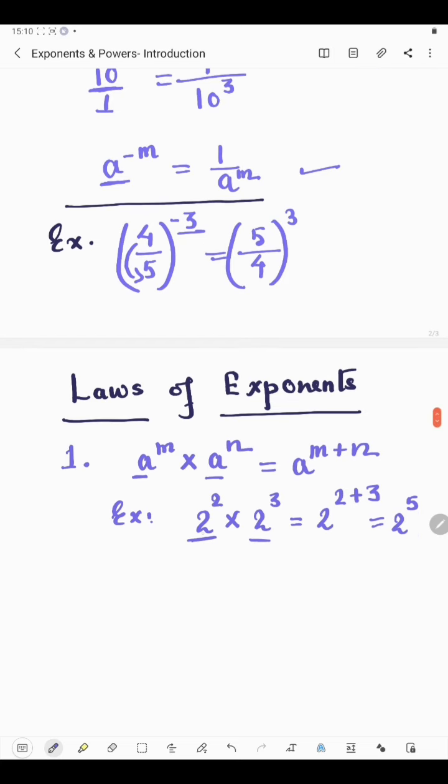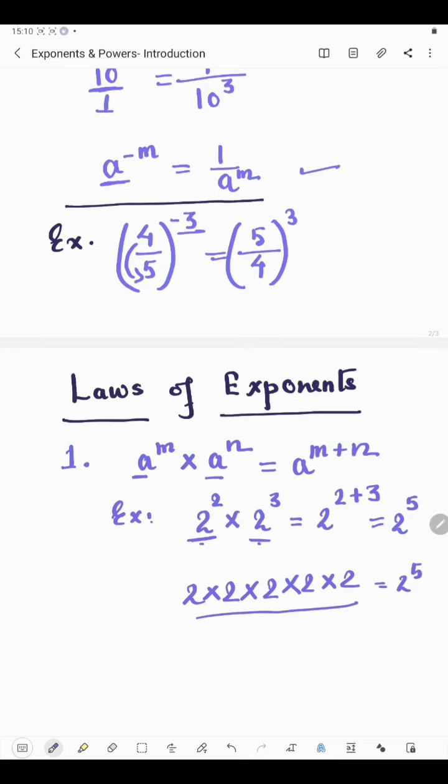Now how have we got this? See, 2 to the power 2 means we have 2 times 2 and 2 to the power 3 means we have 3 times. So how many 2's have we got? It's 2 to the power 5. But we will just use the law to find this. When we have the same base and in between multiply sign is there, we'll just add the power.